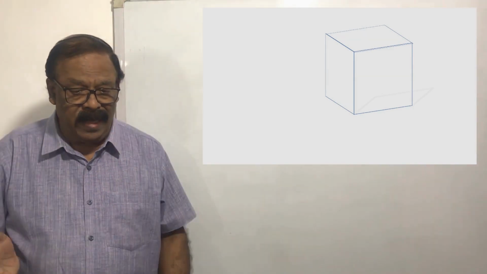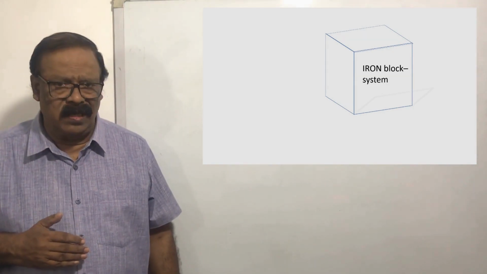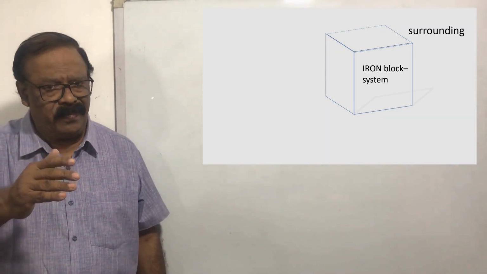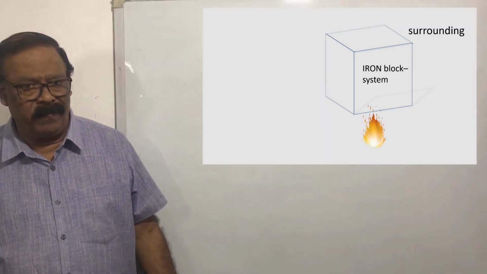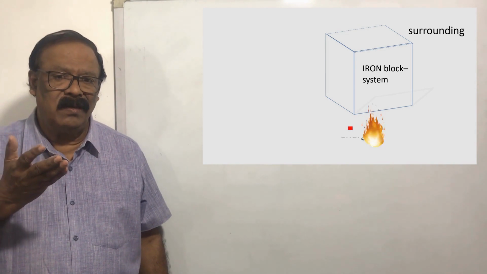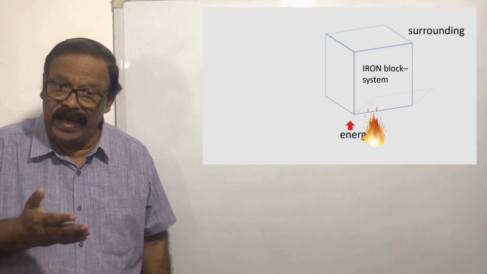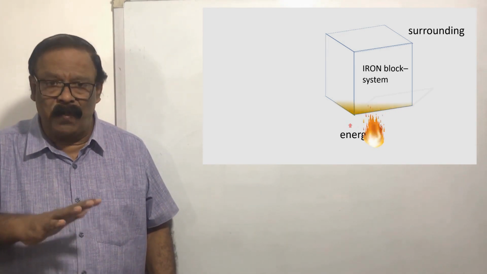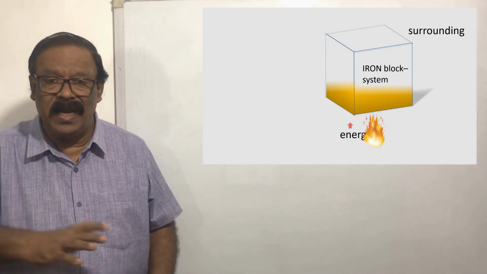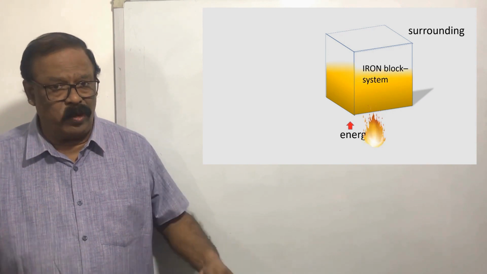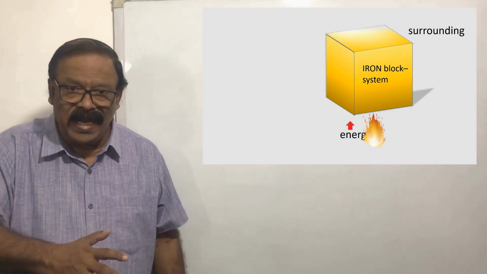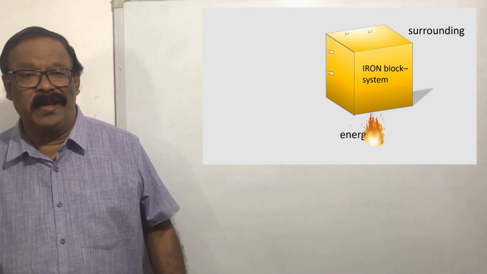Now you consider an iron block. This iron block constitutes the system, the outside is the surrounding. When you heat the block, energy will be entering from the surrounding. After some time the iron block will become red hot and it gives radiations out in the form of heat. Right? Will iron escape from the system to the surrounding?